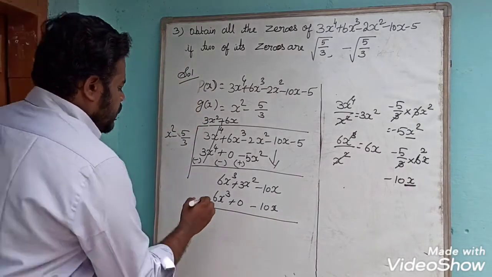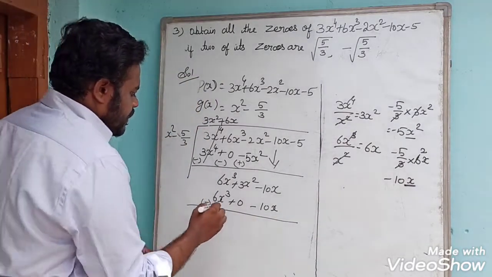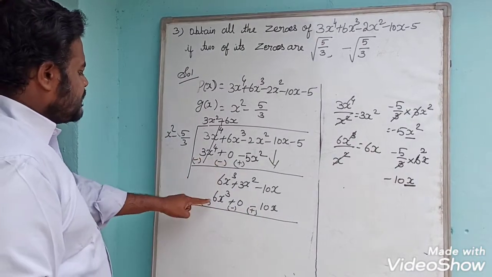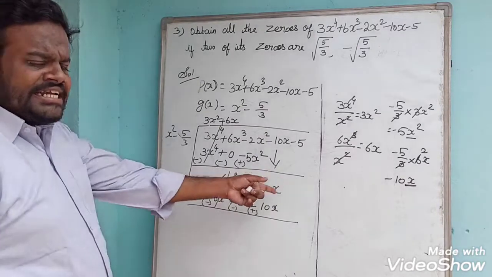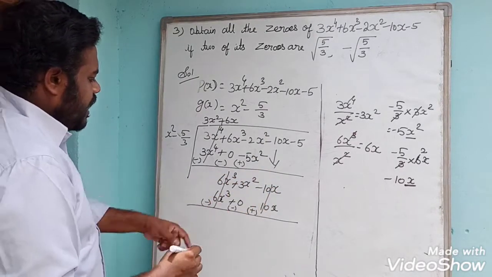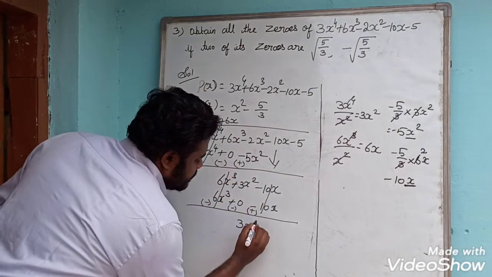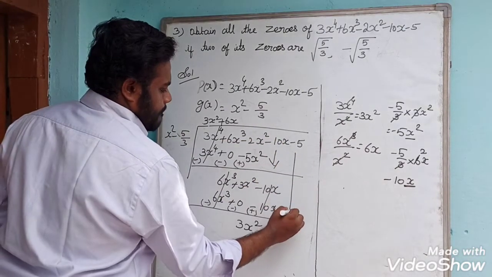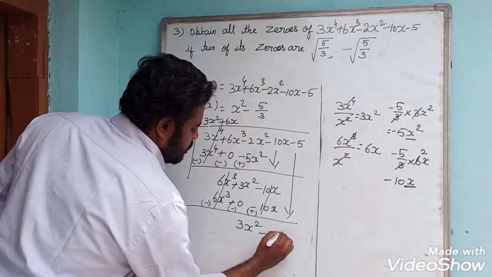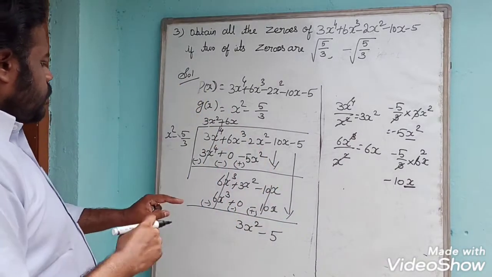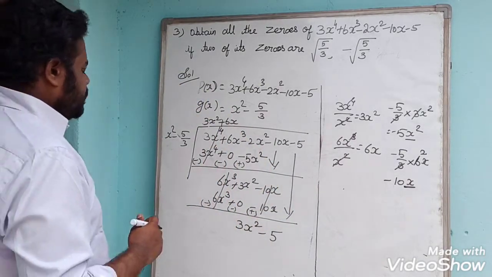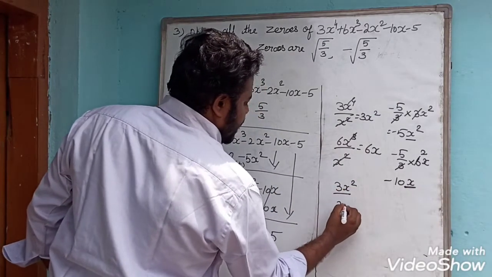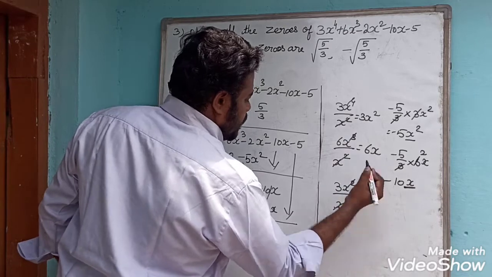So plus 1 becomes minus, again plus 1 becomes minus, here minus 1 becomes plus. 6x cube minus 6x cube cancel, minus 10x plus 10x cancel. We have 3x square and then another term minus 5. So as usual, again the same method we repeated. 3x square can be divisible by x square, we cancel, we have 3.